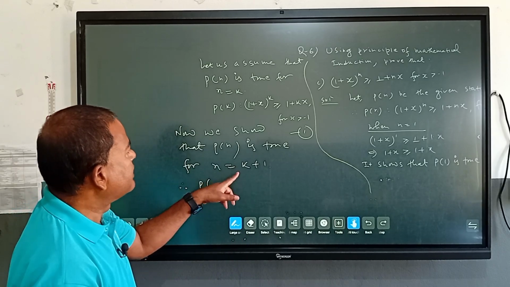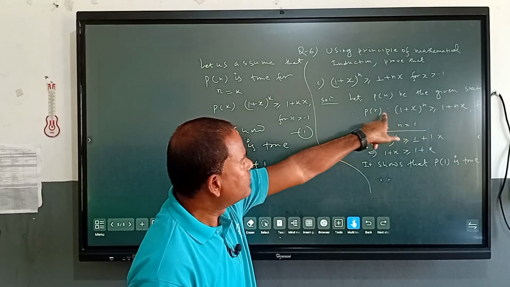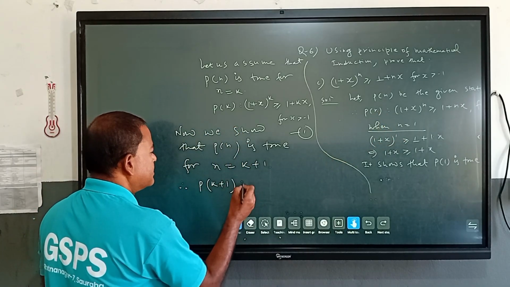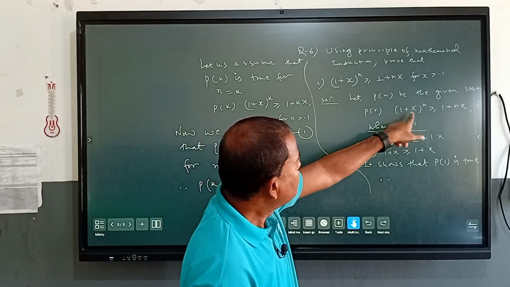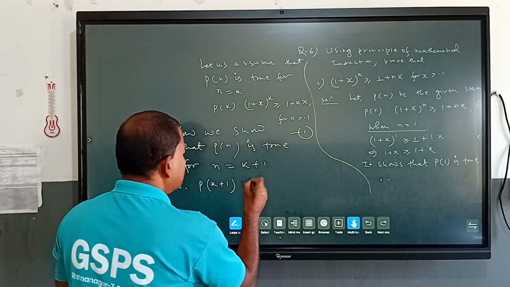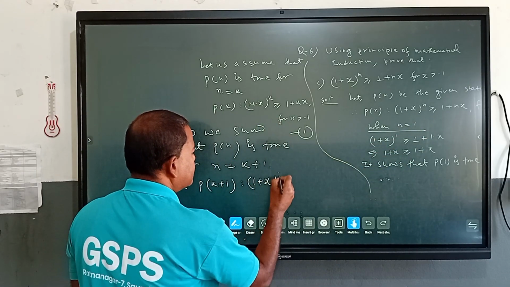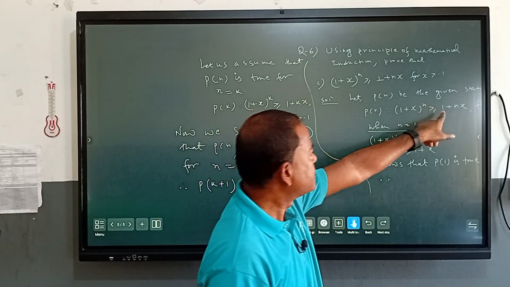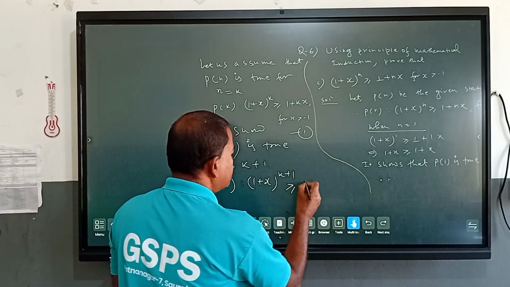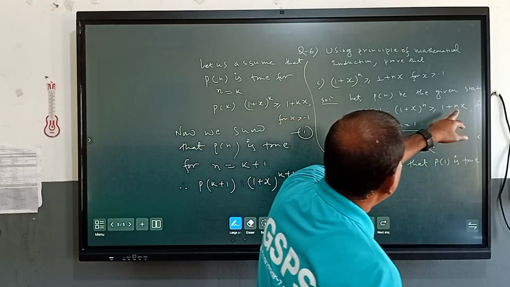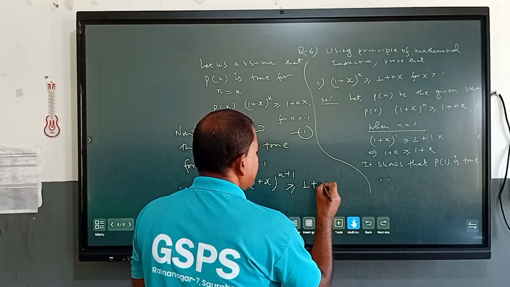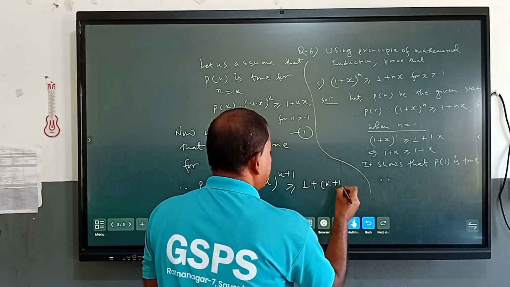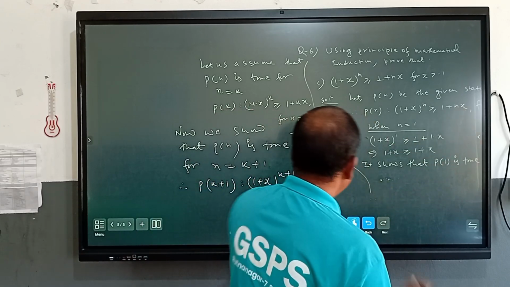So let's put the value of n as k plus 1 in our given statement. Then it will be P(k plus 1), such that (1 plus x) whole power k plus 1 is greater than or equal to 1 plus (k plus 1) times x.